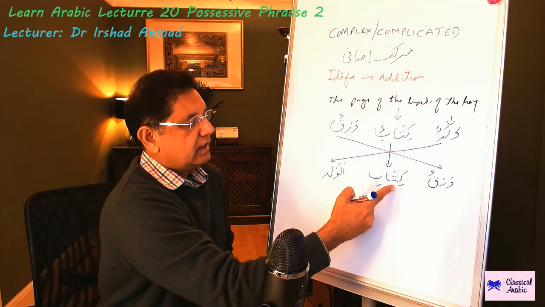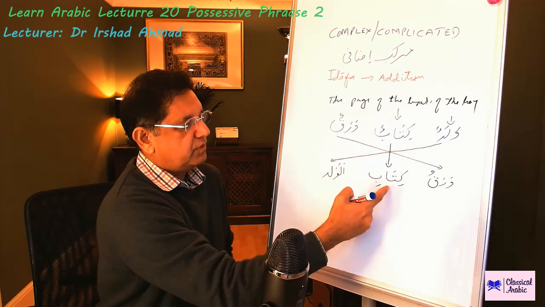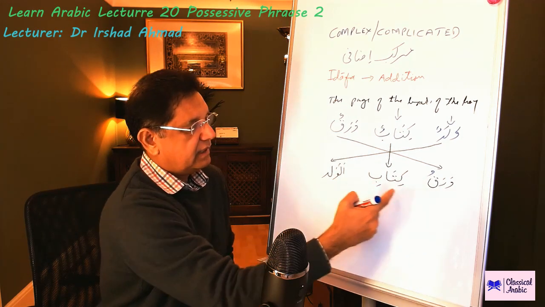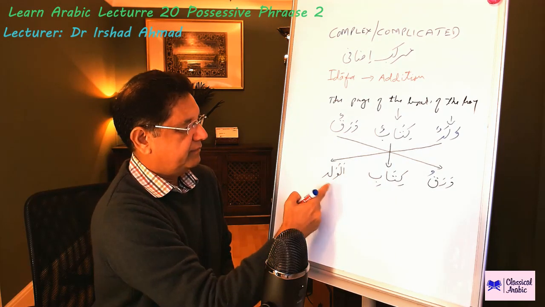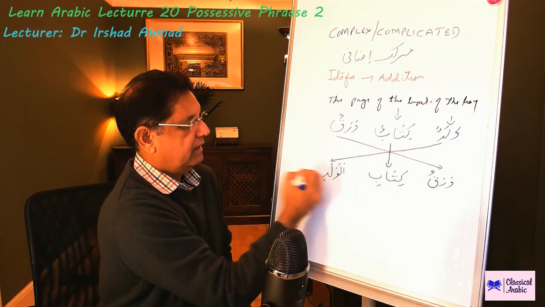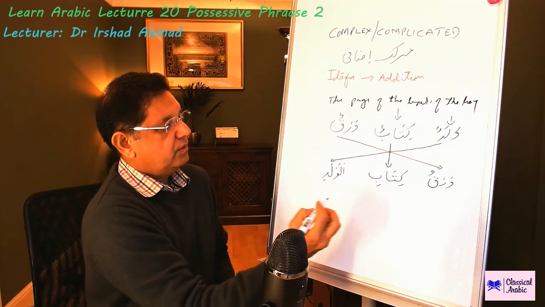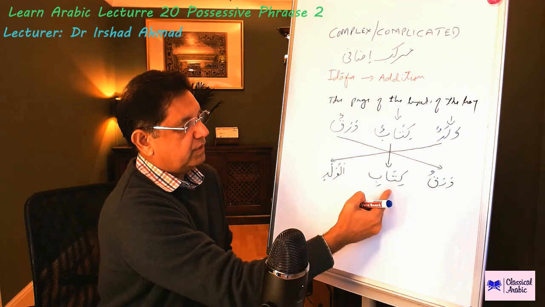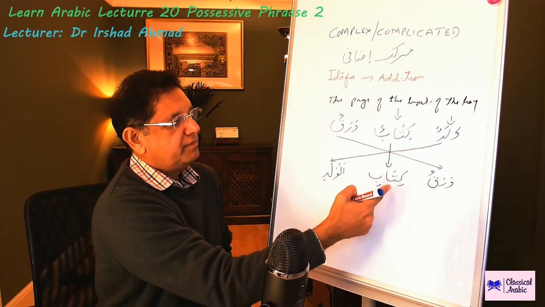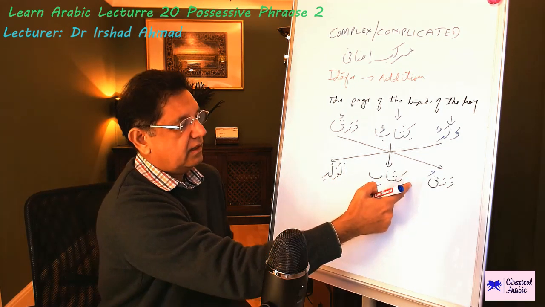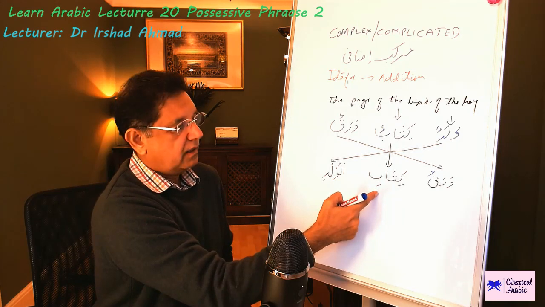Now the kitab is mudaf ilayh for warak, but at the same time it is mudaf for al-waladi. So because this is mudaf at the same time as it is mudaf ilayh, being mudaf, it's not going to take al and it's not going to take tanween either.